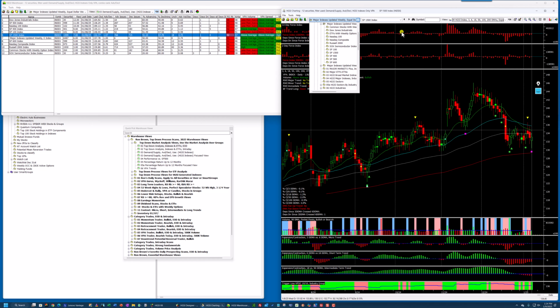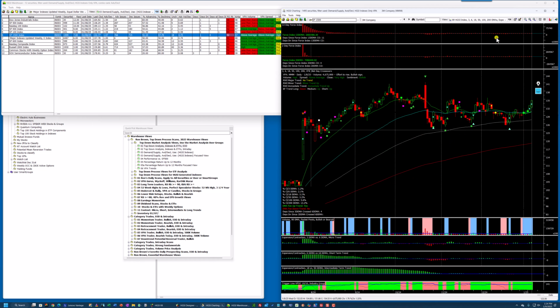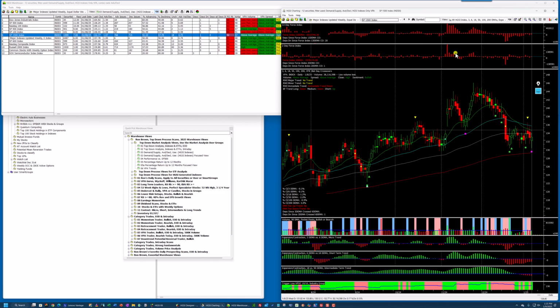This is just the force indexes. The 13-day force, which we used to use a lot. Somehow I got into the 3M company. That sometimes happens when I'm talking.